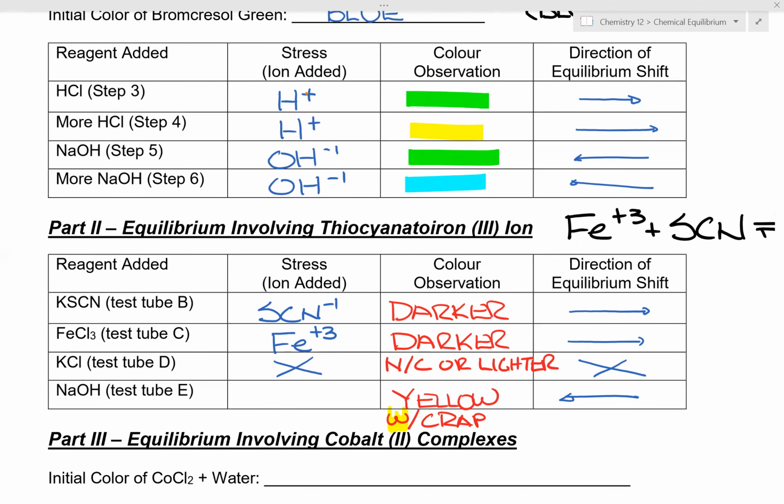But in this case, the last one, Mr. Chan, there's no Na or OH there at all. How can you have an equilibrium shift? This seems to contradict. Well, this is where you need to read a little bit further in the post-lab discussion.